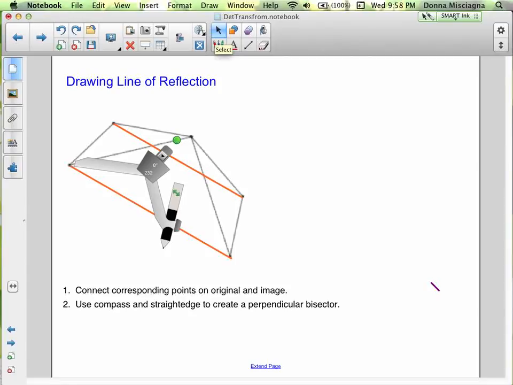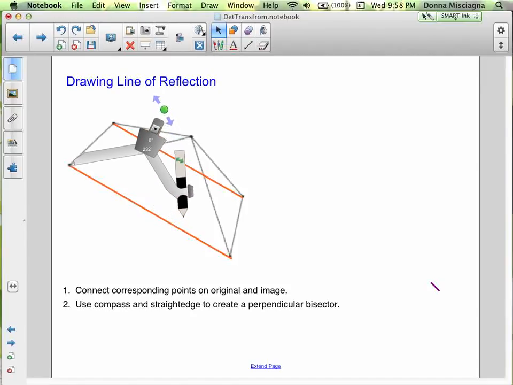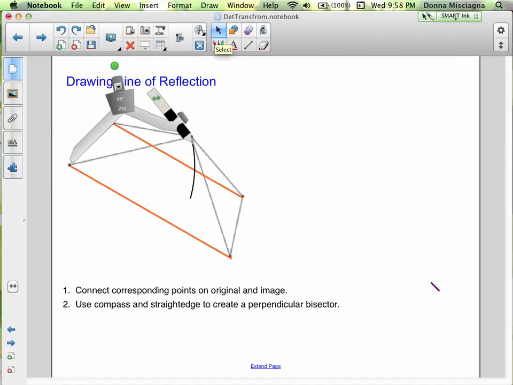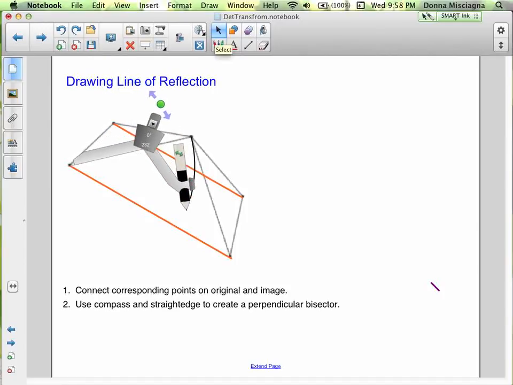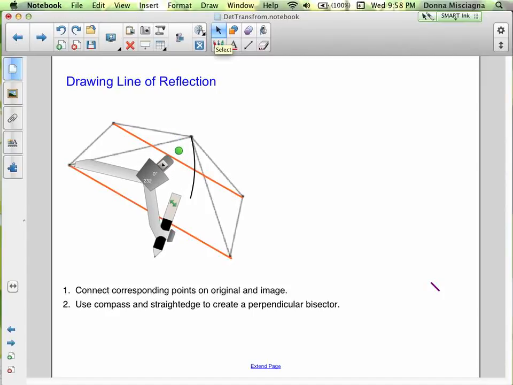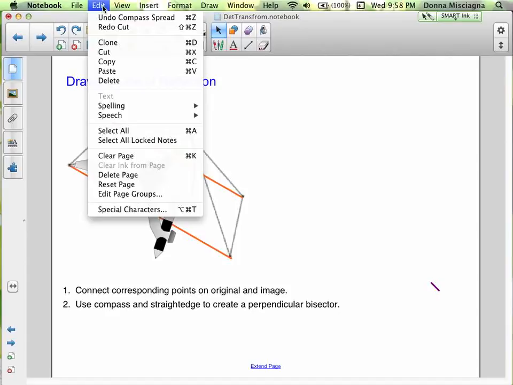Notice we have to open up our compass so that it is open more than halfway across the segment. Then we're going to do an arc above and below. I'm actually just going to put it right through that particular segment. All right, so there's above, and then below. Oops, I leaned on my compass.